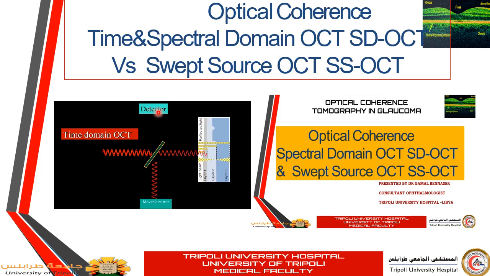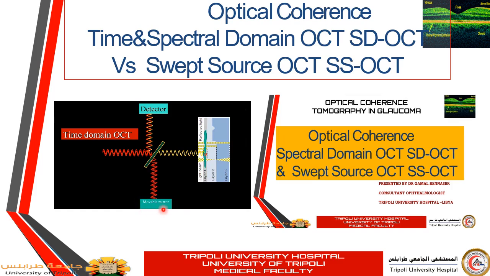This leads to displaying a high resolution image of the tissue that is reflecting the rays. This is the main principle of the time domain OCT. So it is based on a monochromatic light and a moving mirror.